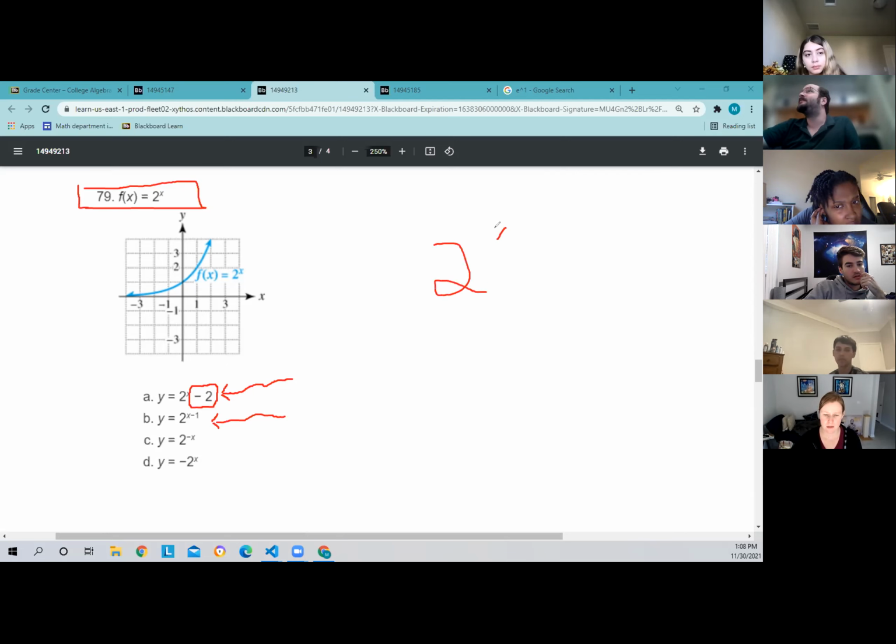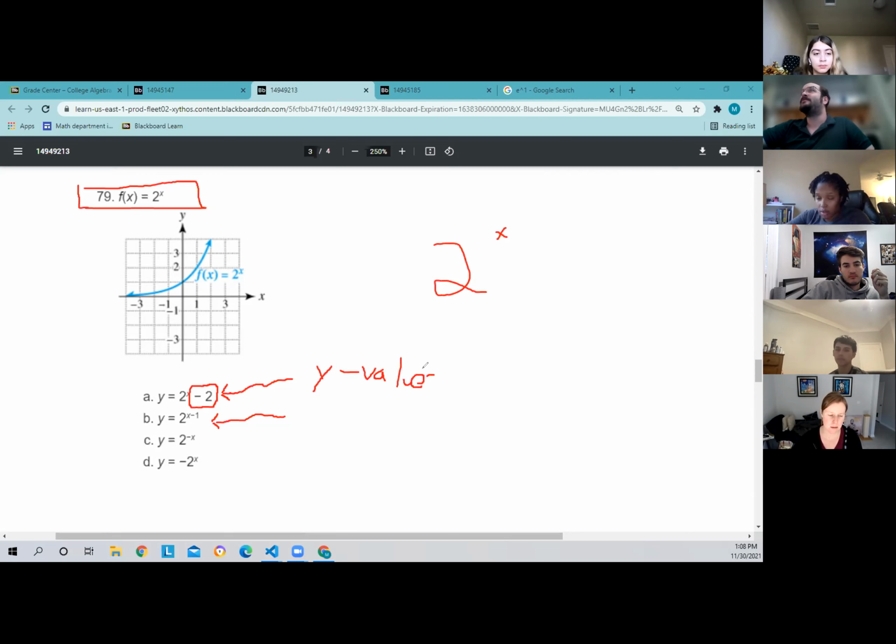The thing that we're looking at is 2 to the x. That's my base function. Is that transformation happening within this 2 to the x, or is it happening on the outside, somewhere over here? It's happening on the outside. And if it's happening on the outside, that's happening to my y values.